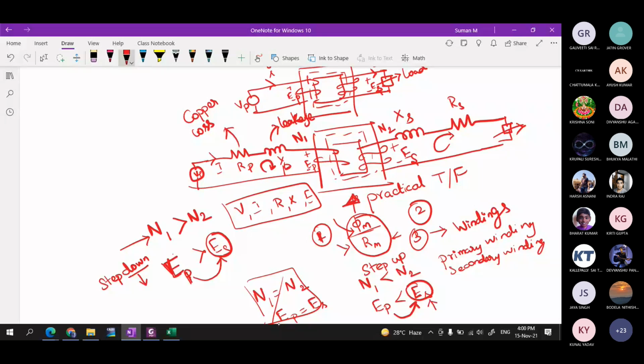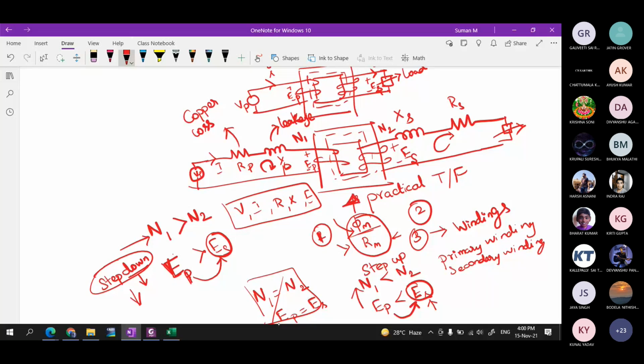If the secondary induced voltage is greater than the primary induced voltage, it is a step up, in voltage, not current. Whereas if the secondary voltage is less than the primary voltage, it is a step down transformer. One reduces voltage and the other increases voltage.